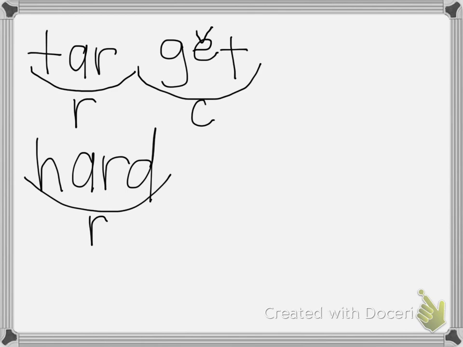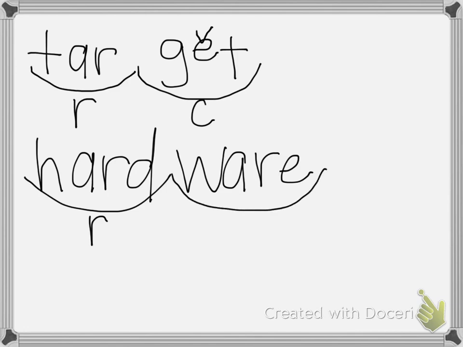Not like wear your clothes. Wear. Hardware. Okay? So again, second syllable. What kind of syllable is it? It is vowel consonant E. Cross out that E. This does not say A, so it doesn't get a macron or a breve.